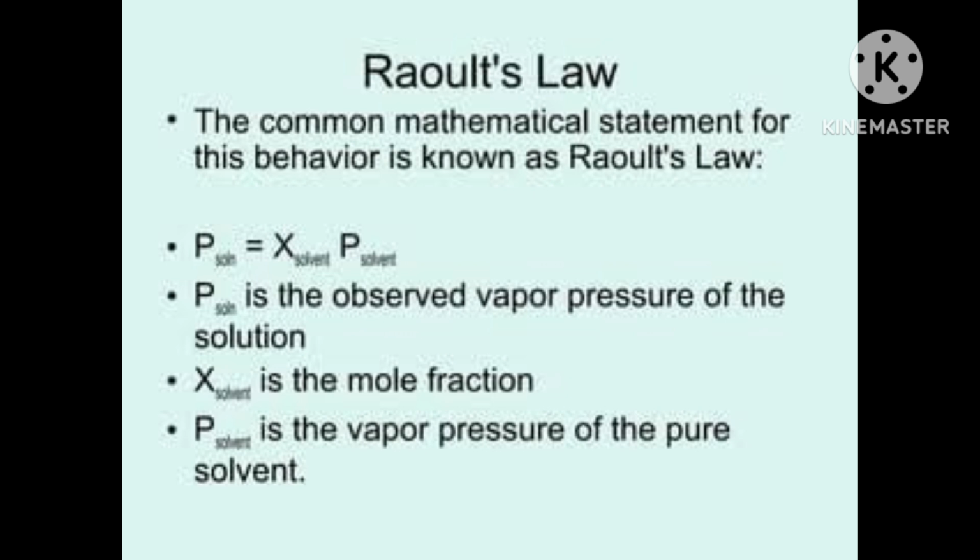Similarly, for the second component, you can write the same way: P2 is directly proportional to X2. This is the mathematical form, but now you convert it into an equality.